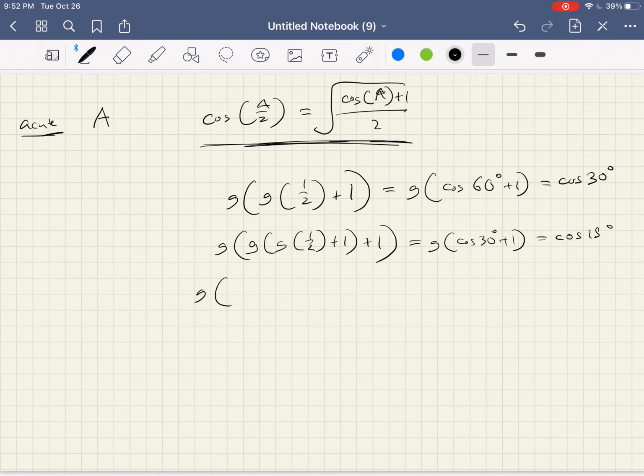Then g of the above expression plus 1. I'm writing a lot of g's here, but g of the above expression plus 1, we apply the cosine half angle formula once again.